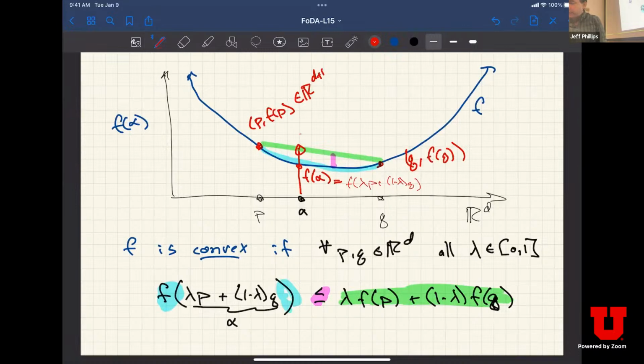And this point up here is lambda f of p plus 1 minus lambda f of q. So that point on the green line needs to be larger than the point on the true function value. And if this holds for all points p and q, then the function is going to be convex.